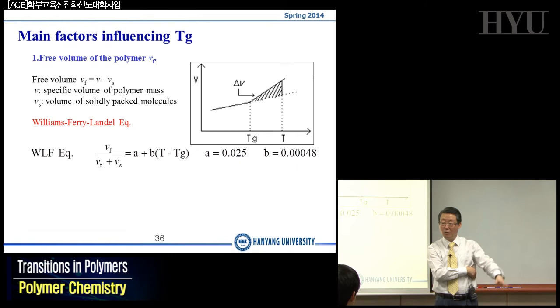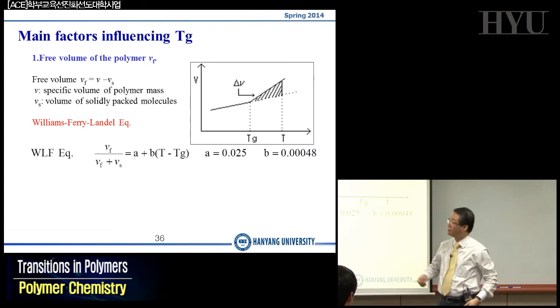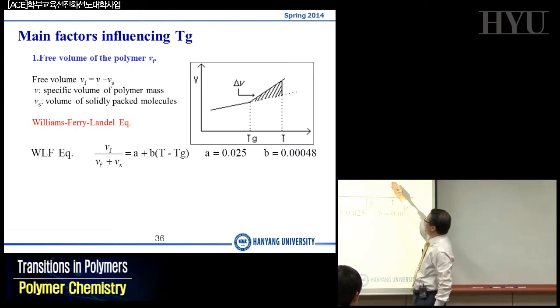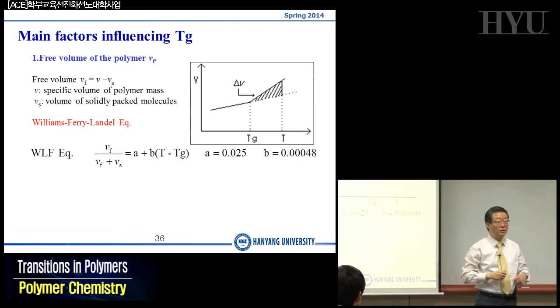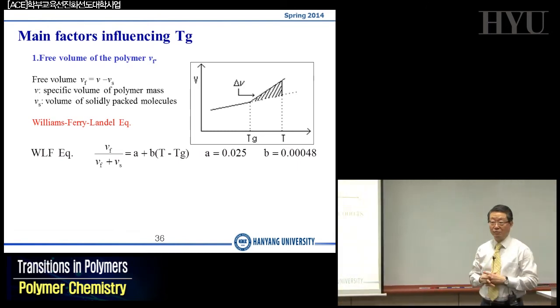If I'm moving at a frozen state, I need this volume, but at high temperature, I need extra volumes, right? This unoccupied volume is regarded as a free volume, because I need that volume for that state. So the shaded area is regarded as free volumes.